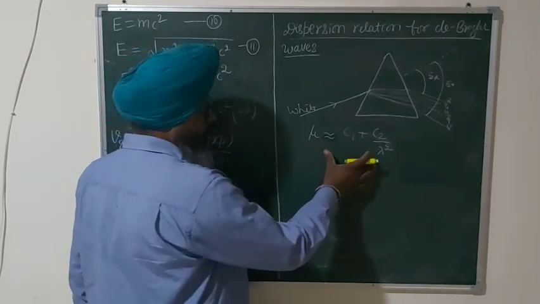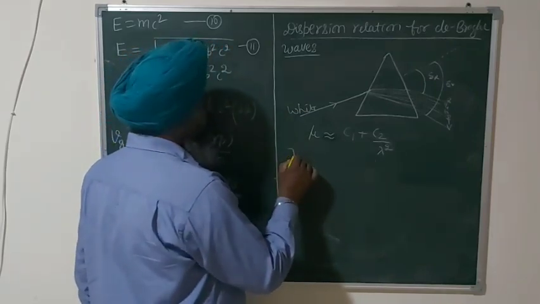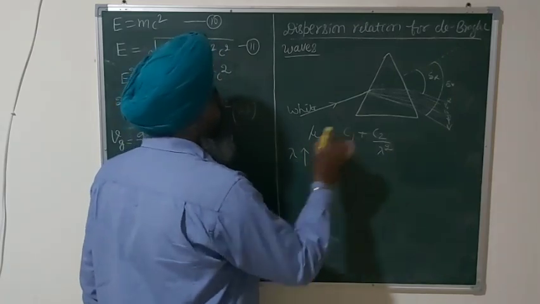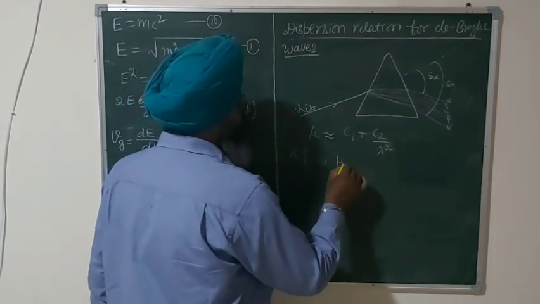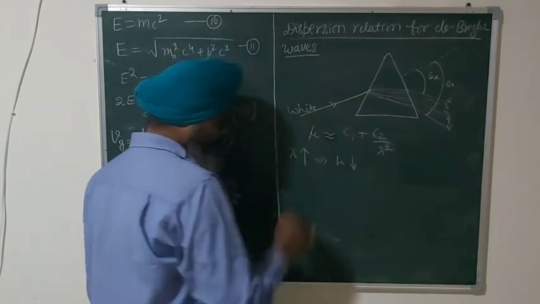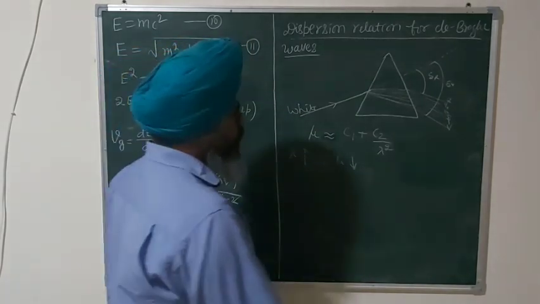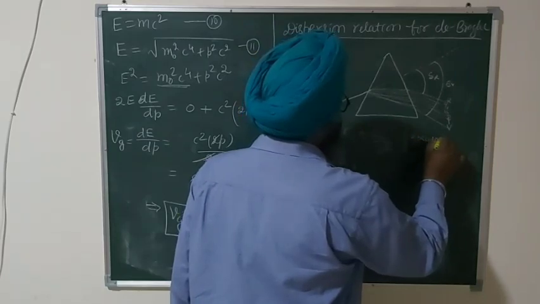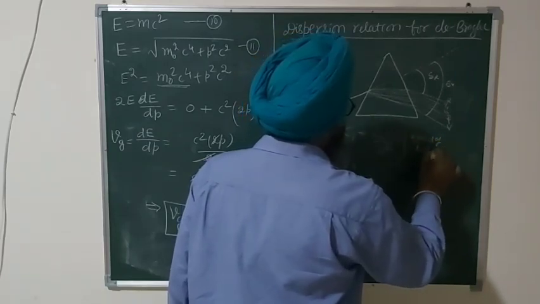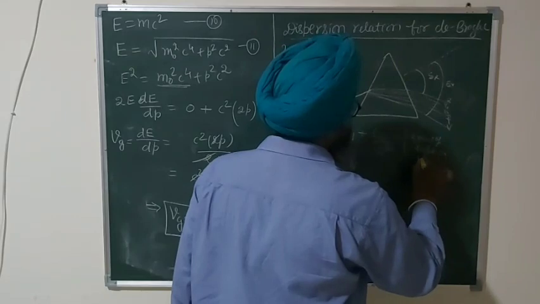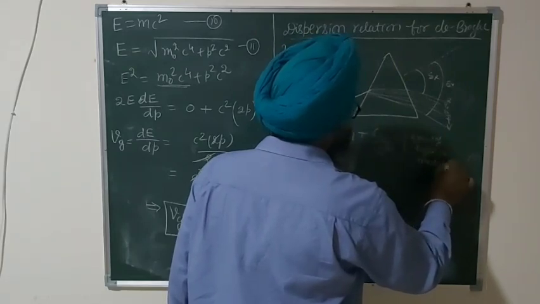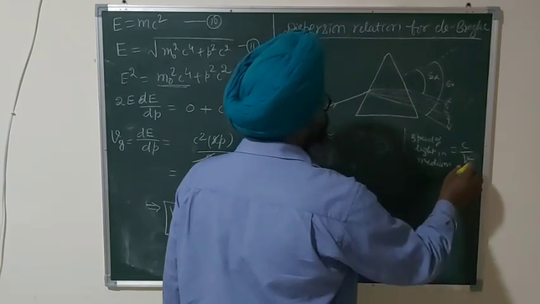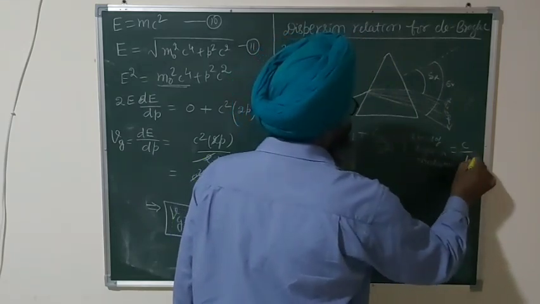If this is true, then we can see that if lambda is high, then according to this equation mu will be less. Now we also know that the speed of light in a medium is given by c divided by mu.